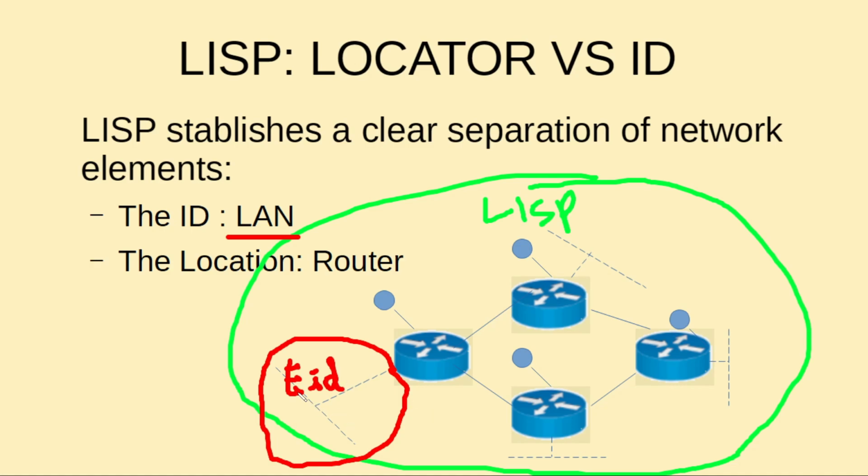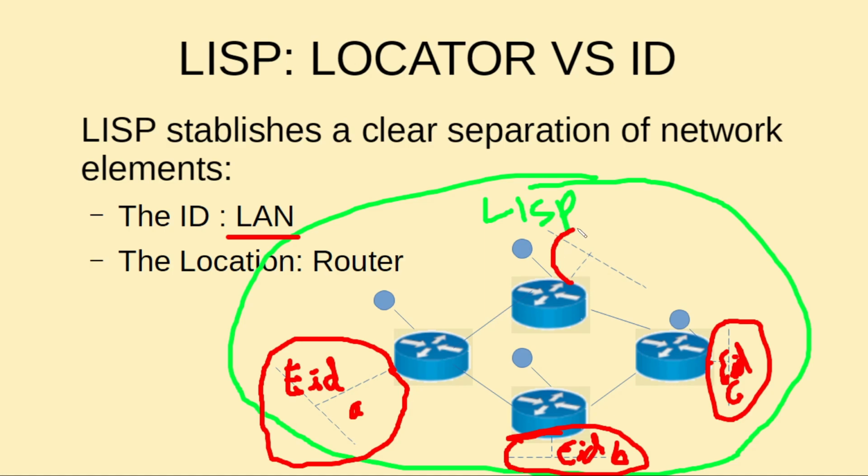So we have this EID A, and we have this EID B, and here we have this EID C, and we have this EID D. Now, after identifying what are our EIDs, we need to identify what are our locations.